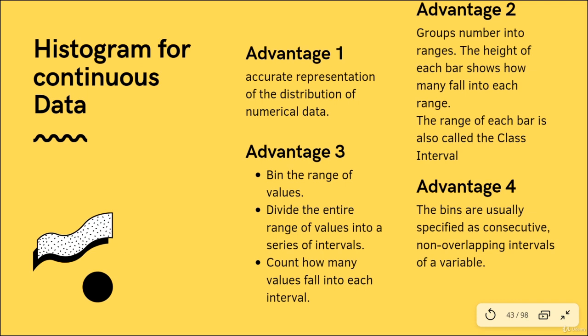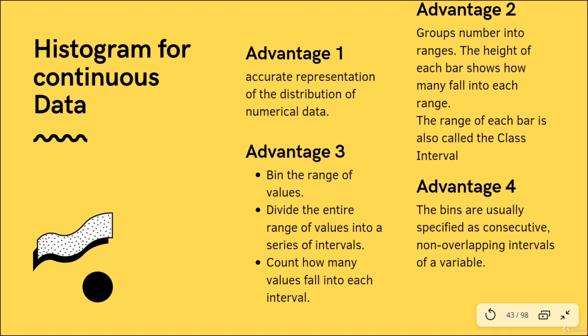Bins are basically dividing the entire range of values into a series of intervals. So either you tell the function how you want to divide the entire range of values into a series of intervals, or it will take it automatically. And the bins are usually specified as consecutive, non-overlapping intervals of a variable.